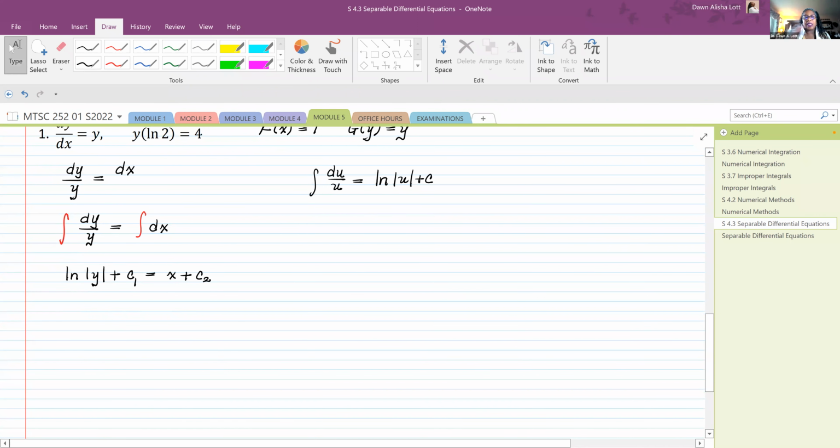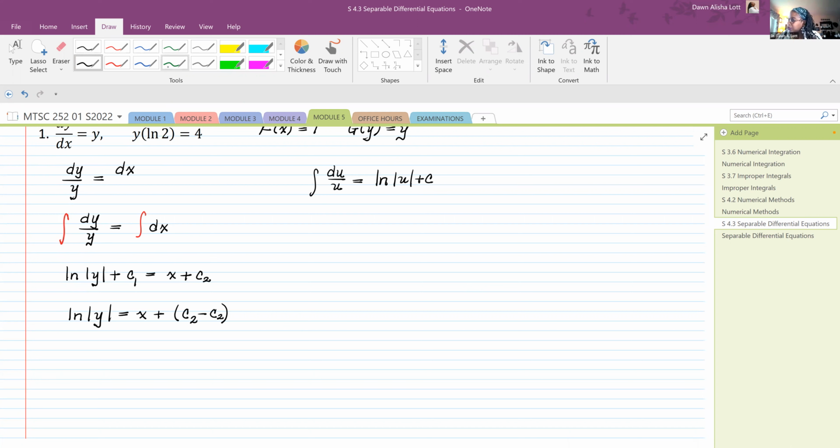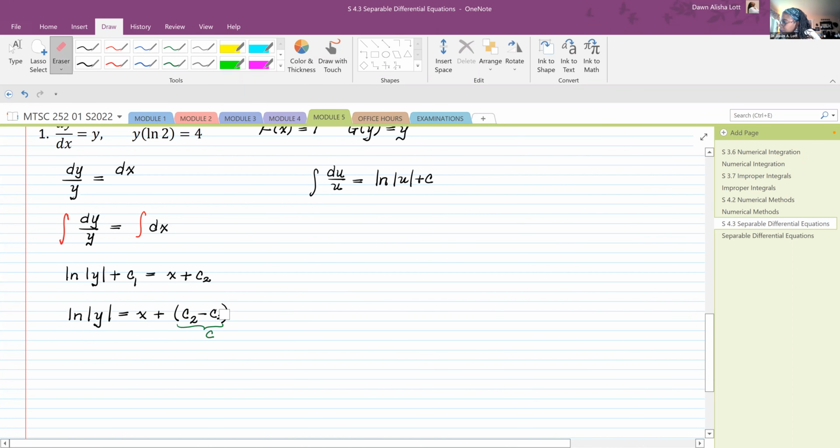I realize that I get a constant on both sides anytime I do this. So since I know I'm going to get a constant on both sides, I'm just going to call that whole constant C.